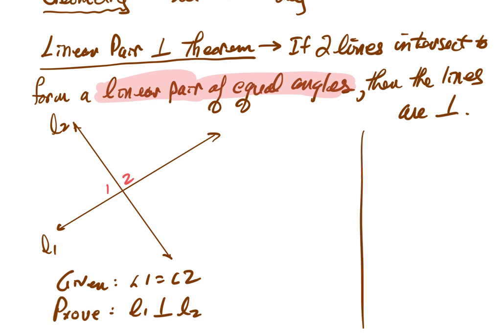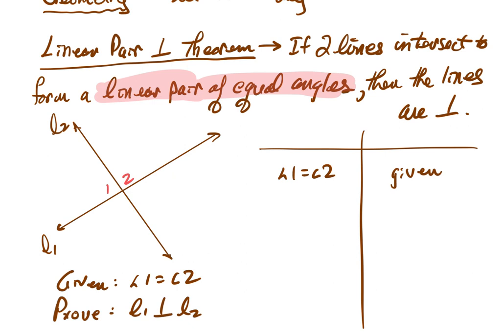Okay? Now, like always, if you need a little bit more time, just pause the video so that you can get anything you want into your notebook. But I'm just going to keep on going, knowing you can pause at any time. Okay? So I'm going to start with the given information. So I'm going to start with angle 1 equals angle 2. Given.